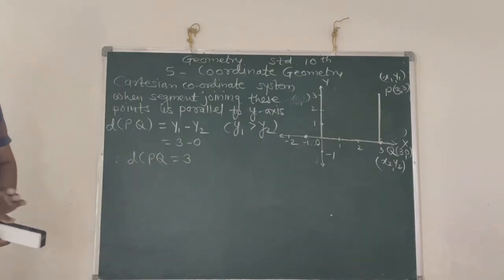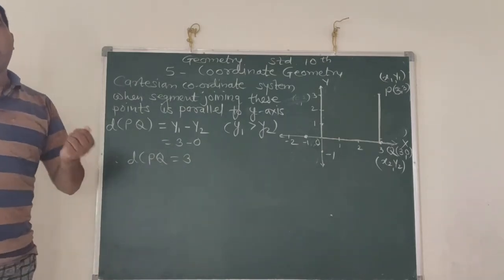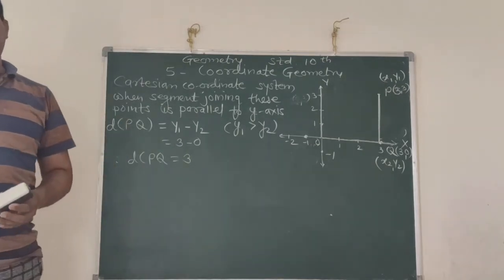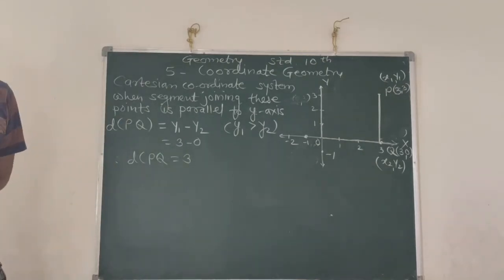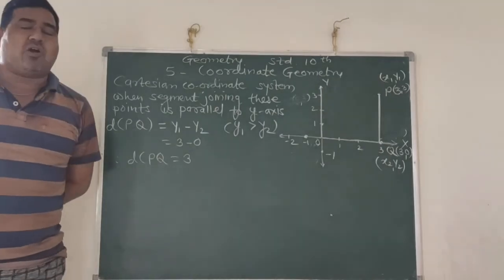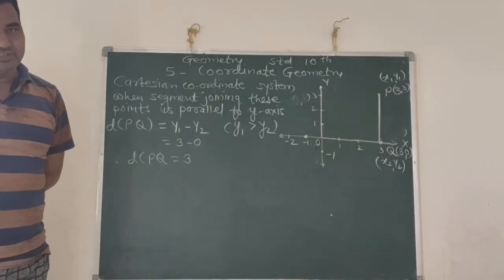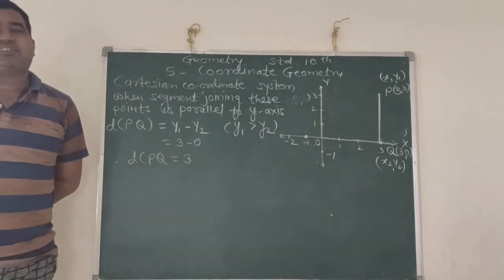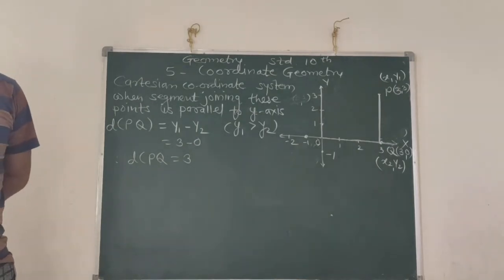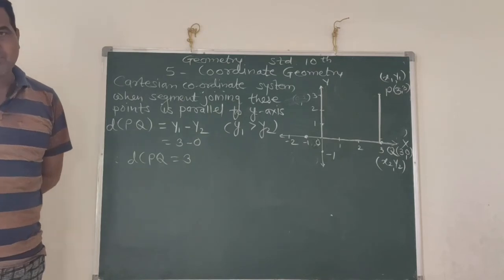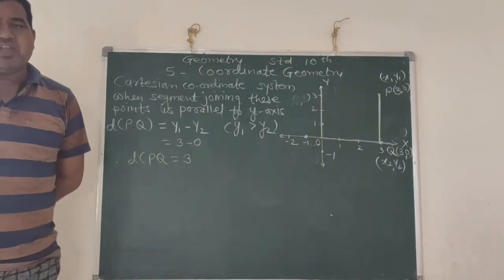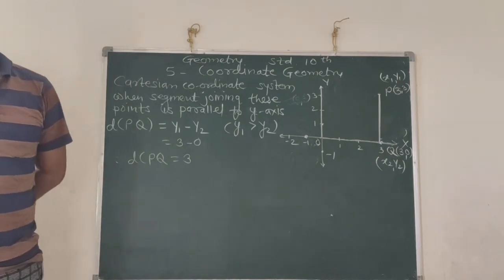So in this way, we have studied how to find the distance between any two points when they are on the same graph plane or Cartesian coordinate system. When the points lie on the x-axis, the distance between the points is x2 minus x1, where x2 is greater than x1. When points lie on the y-axis, then it is y2 minus y1, where y2 is greater than y1.